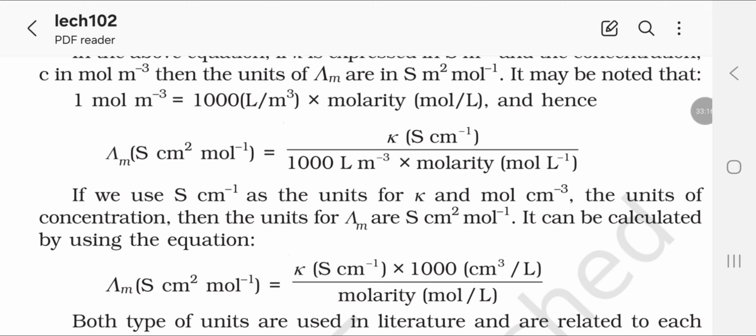If we use Siemens per centimeter as the unit for κ and mole per centimeter cube as the unit of concentration, then the units for Λm are Siemens centimeter square per mole.